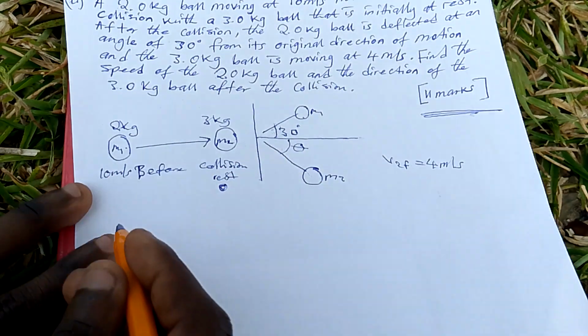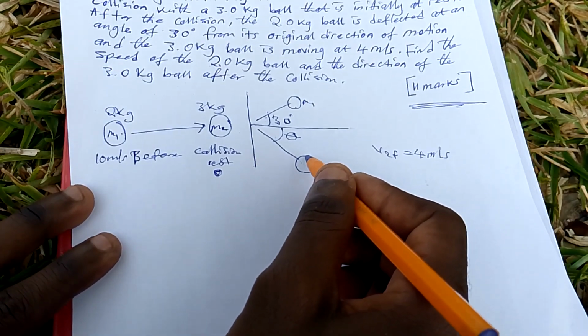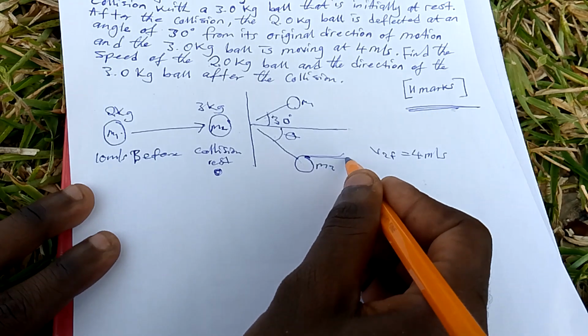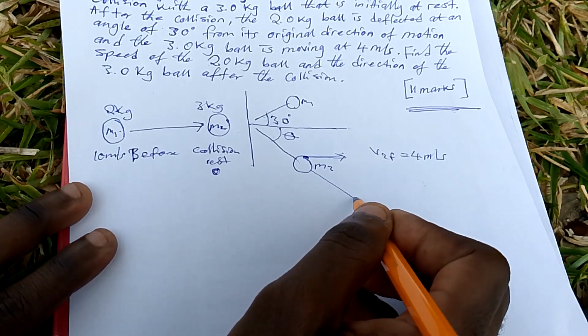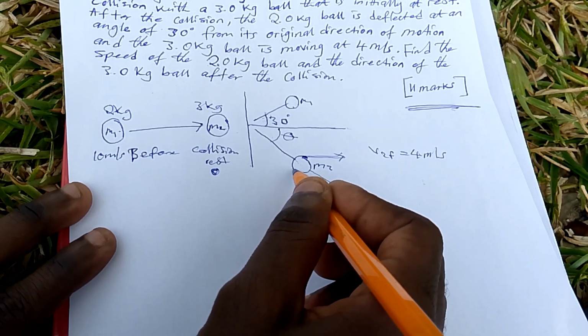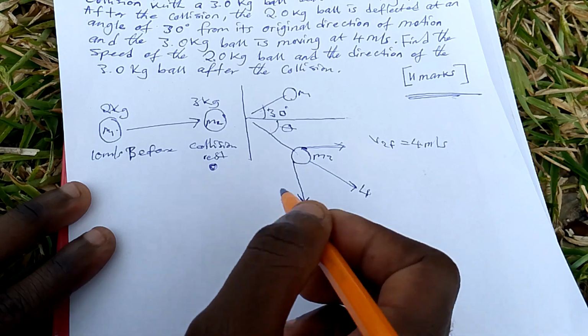Now, to start solving this question, we need to resolve the final velocity of the second ball, which is 4, into its components after collision.